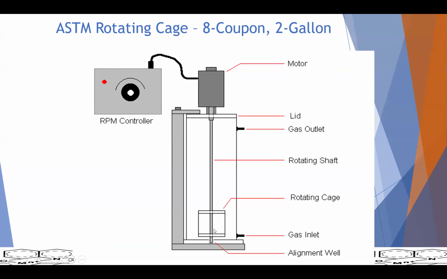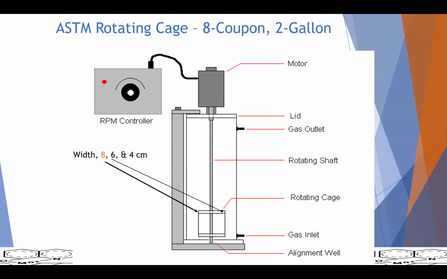This has been well defined in the ASTM standards. Note that the rod on the rotating shaft should be housed at the bottom so that it doesn't wobble. Many times I get calls saying that we did the rotating cage, we have got some erosion behavior. The first question I ask is whether your shaft is aligned at the bottom so that there is no wobble. Again, this is specific to ASTM.